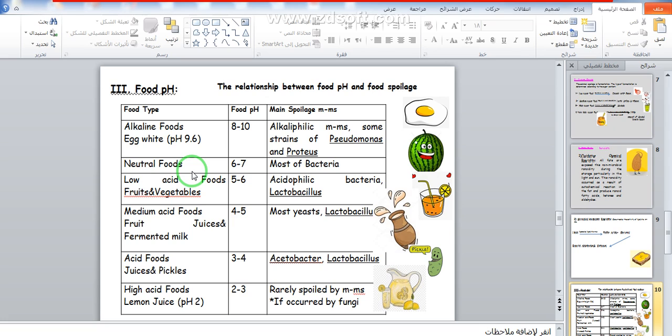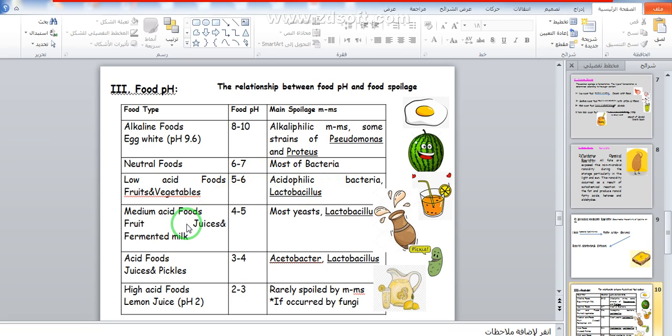Neutral foods with a pH of 6 to 7, most bacteria will spoil them. Low acid food, just like fruits and vegetables, the spoiling microorganisms are acidophilic bacteria like Lactobacillus.